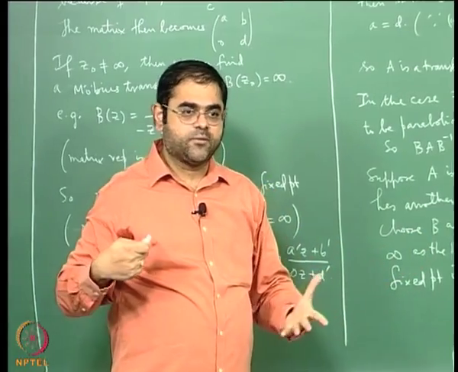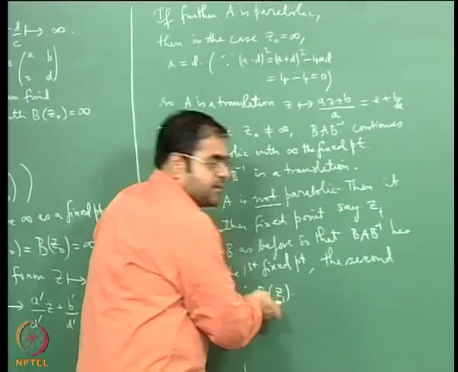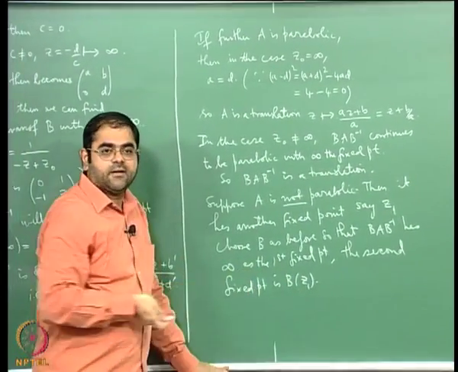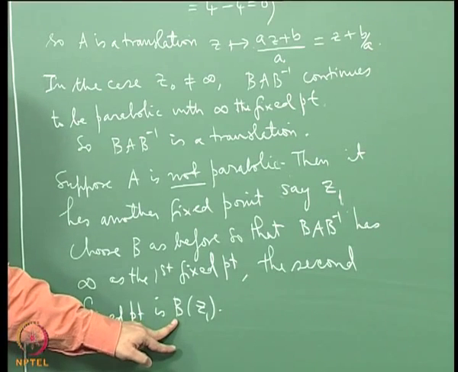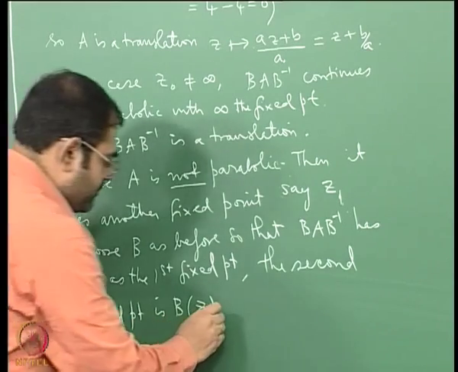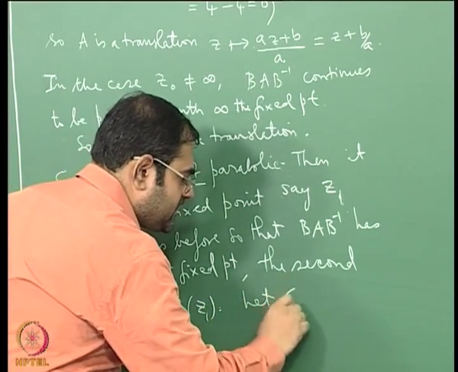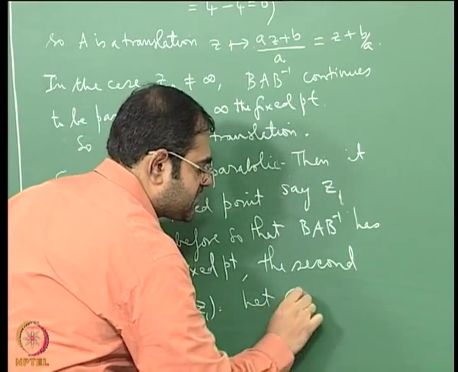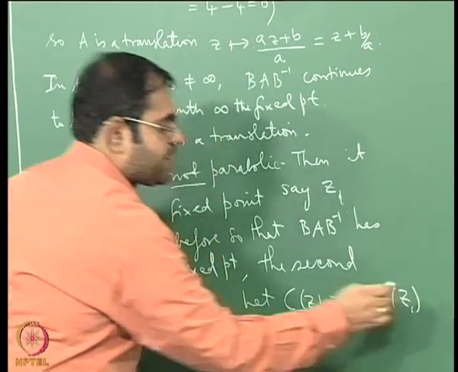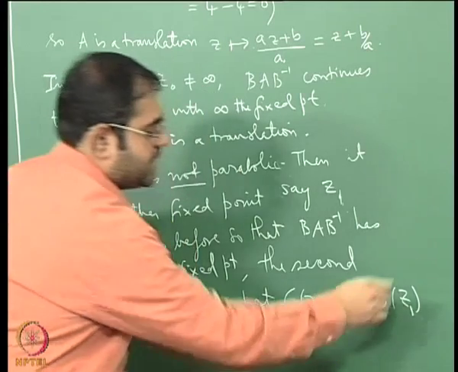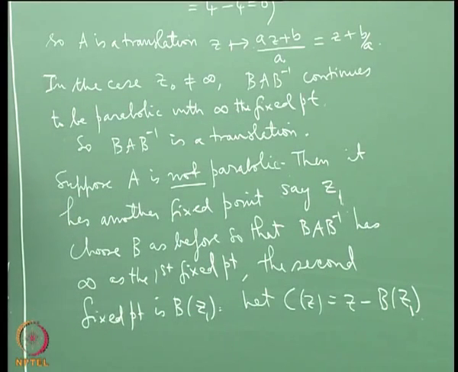To make this fixed point go to 0, I just have to translate by minus of this. So let C of Z be Z minus B of Z1. This is translation by minus B of Z1.